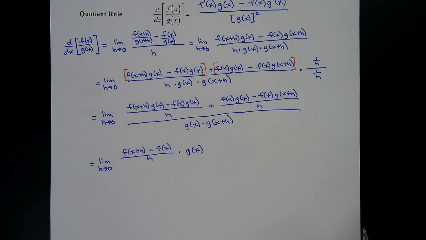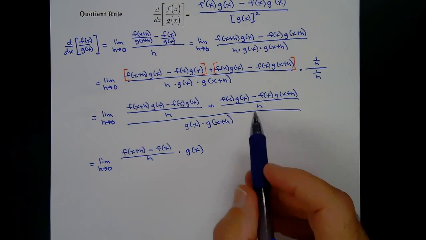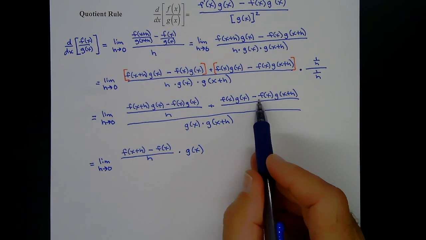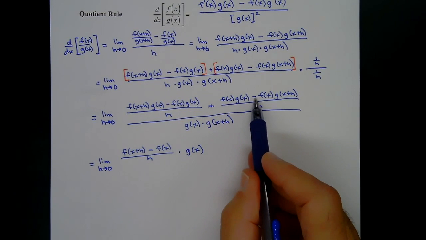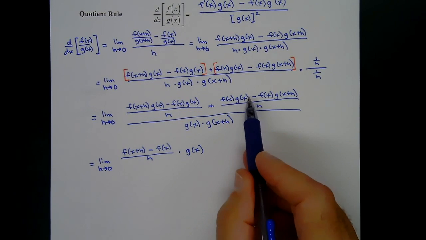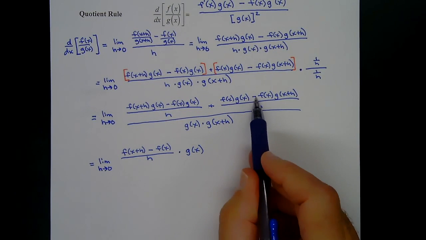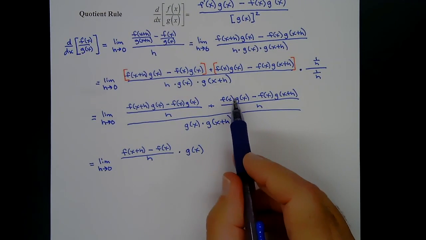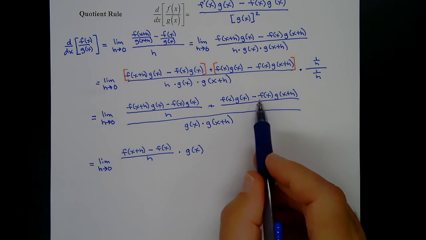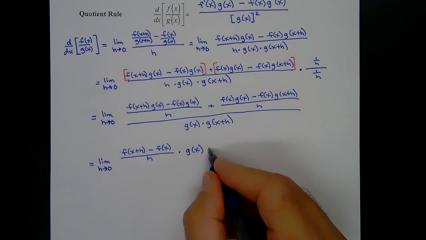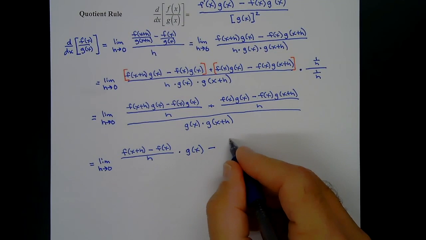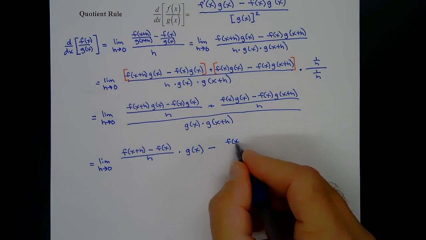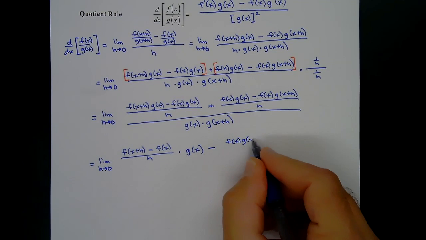Now, this is going to be the weird part. Over here, I need this to be subtraction, right? So what I'm going to do is factor out a negative. What that's going to do is change the sign of this. And so this one's going to become positive, and now this one's going to become negative. And I'm going to write this one first. So it's minus, and then I have f of x, g of x plus h.